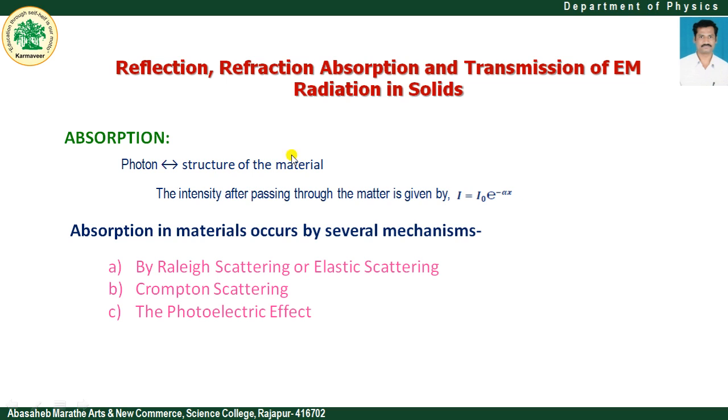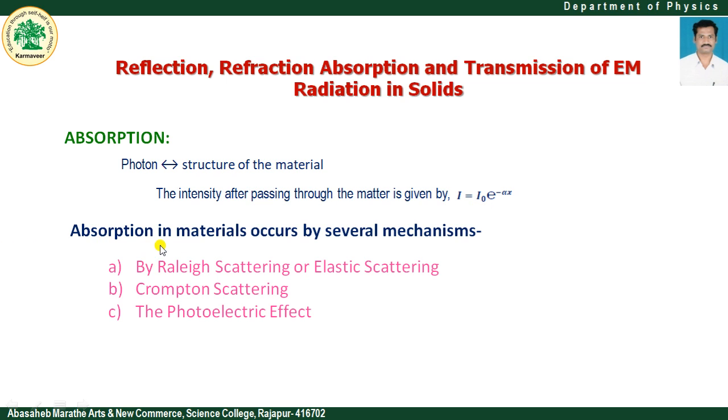Here alpha is the linear absorption coefficient of the material, and I naught is the intensity of the beam after reflection at the front surface, and I is the intensity of the beam when it reaches the back surface. Okay.